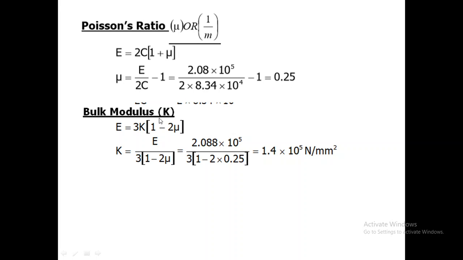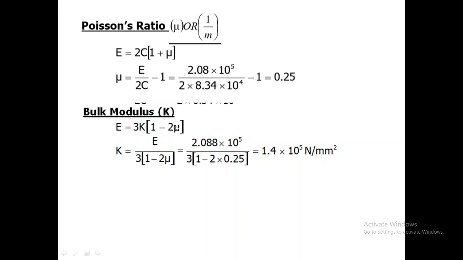Coming to the third modulus, that is bulk modulus. Again, we know that bulk modulus is related to Young's modulus through this Poisson's ratio mu. We also have one more equation which relates the three moduli, that is bulk modulus, Young's modulus and the rigidity modulus, which you can use if you don't know the Poisson's ratio.